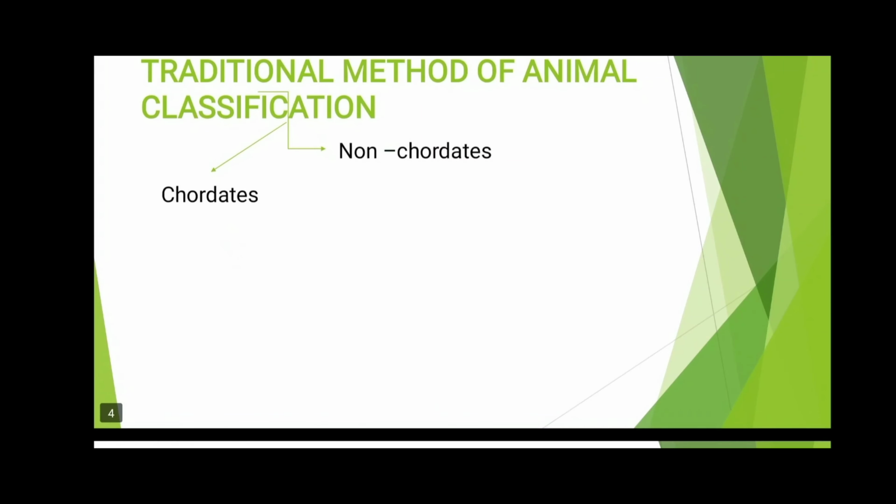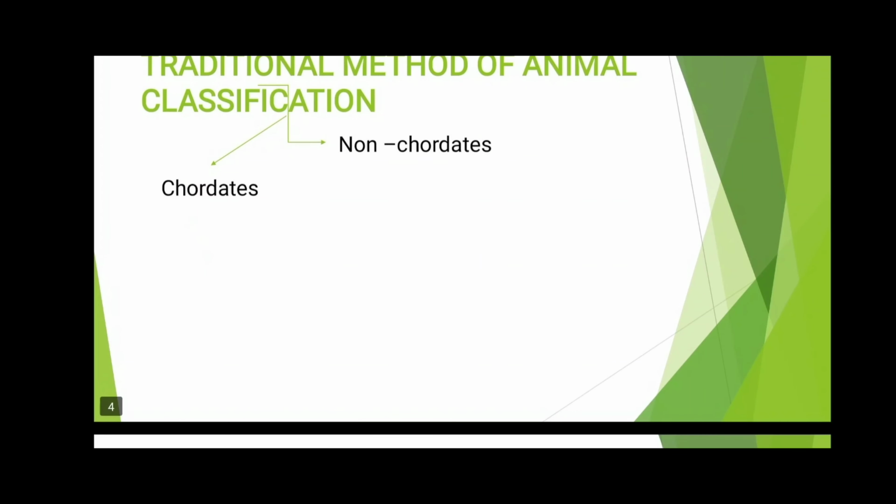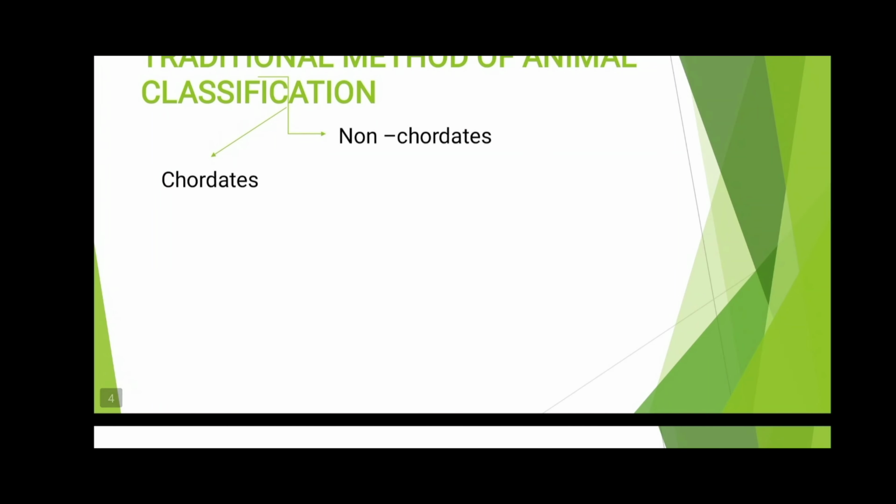In the traditional method of animal classification, animals are divided into non-chordates and chordates. In non-chordate organisms, the body is not supported by a rod-like notochord, and pharyngeal gill slits are also absent. Remember everyone that their body is not supported by a rod-like notochord, and their pharyngeal gill slits are absent.